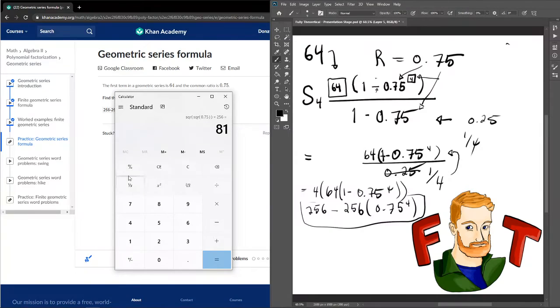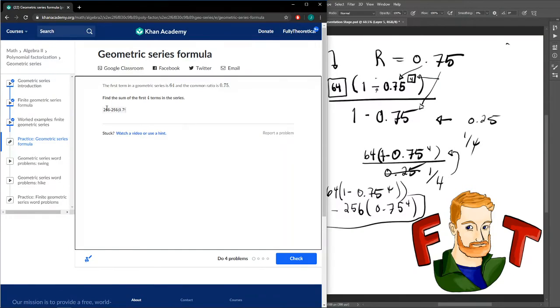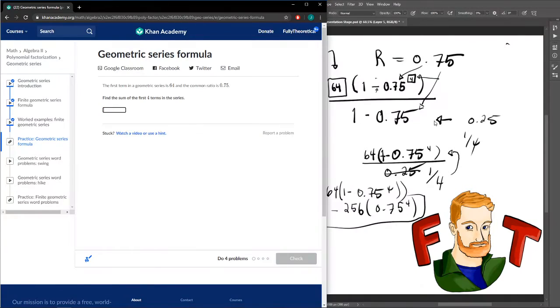Oh boy. So it should be 175. Let's see if we're right. Huh. Hey, look, I got it right because I backed up far enough.